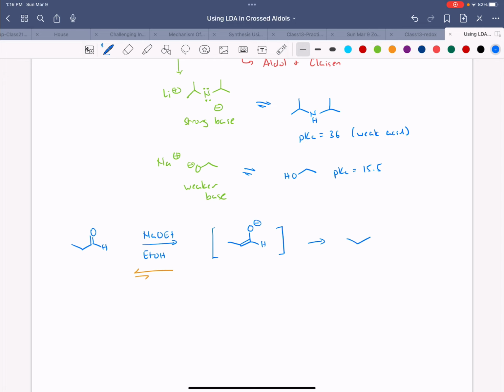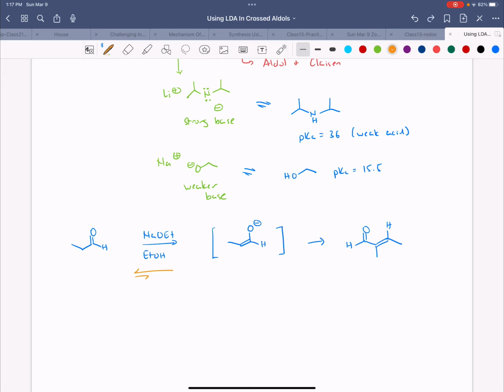Now, I like to draw the condensation product, or I insist my students draw the condensation product if it's possible. All of this has been covered in previous videos, so I'm not going to go through it in too much depth here. But that should be your product. And you could draw the H there if you want, or you don't have to. Okay, so again, here's your equilibrium.